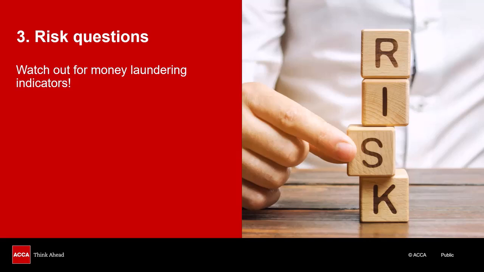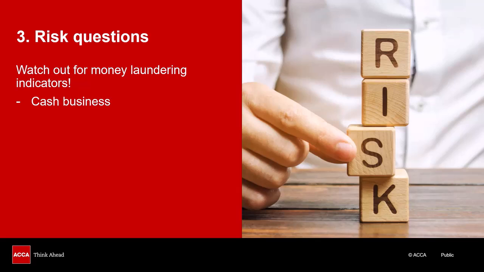Then on to the risk questions, where you might get a business risk or a risk of material misstatement or an audit risk question that has money laundering issues in the scenario, but does not signpost money laundering directly. Here you have to be on the front foot. You have to be hunting in the scenario for money laundering indicators. And I've already mentioned what these are.